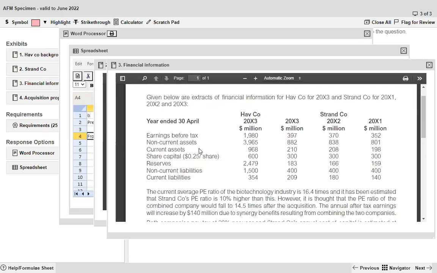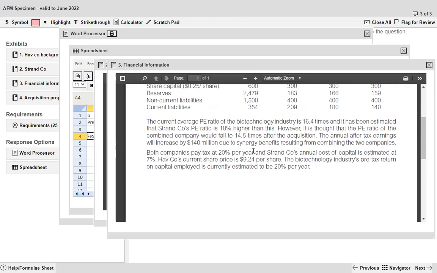Are we being provided anything about the biotech industry? It's a current average P/E ratio, the annual after tax earnings, and so on. The biotech industry's pre-tax return on capital employed is currently estimated to be 20% per year.